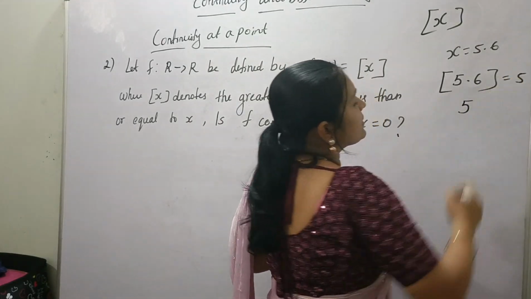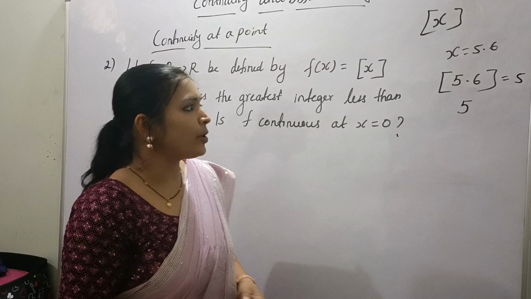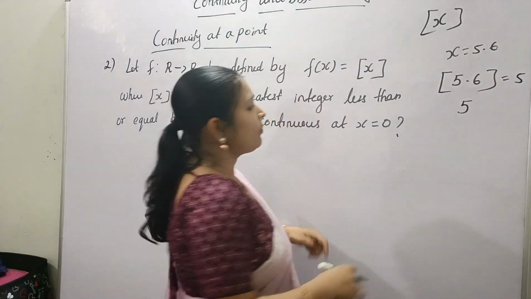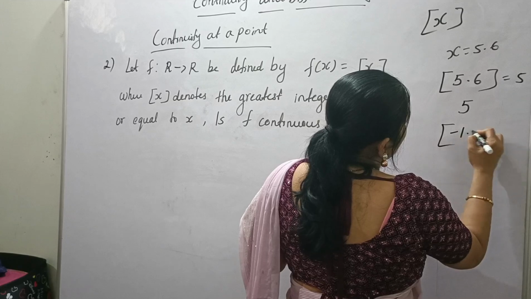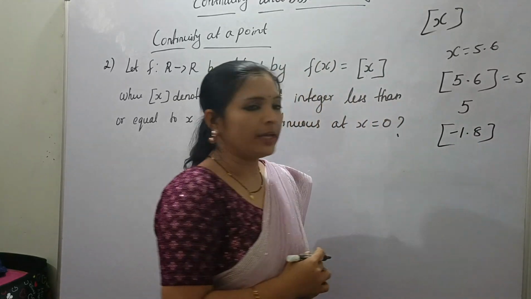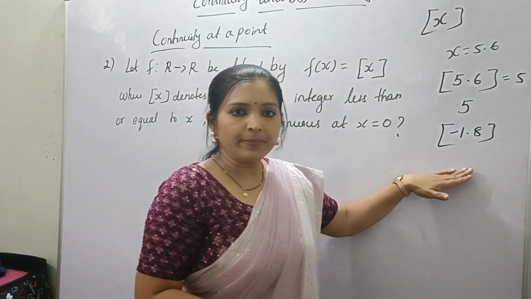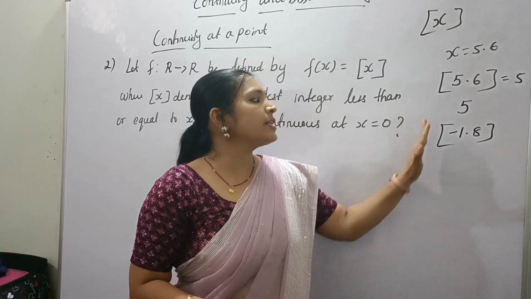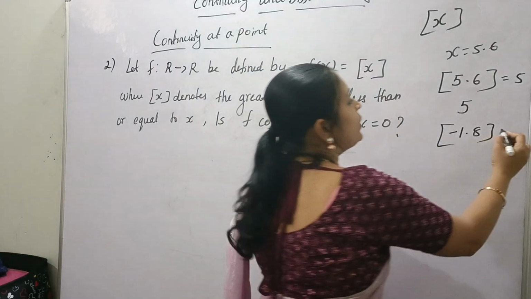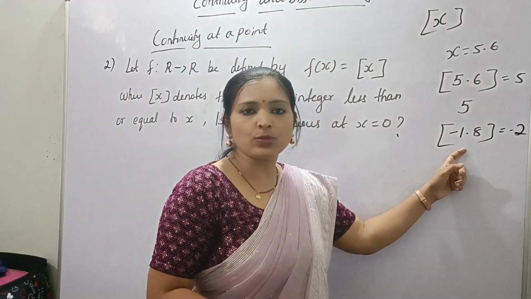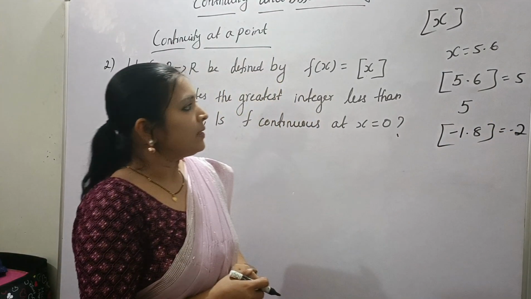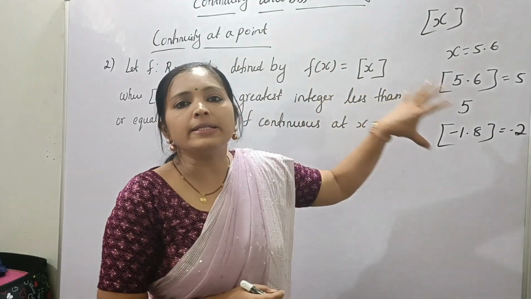Now take minus 1.8. Here the largest integer less than minus 1.8 is minus 2. This minus 2 is less than minus 1.8, right? So here it is the only integer.